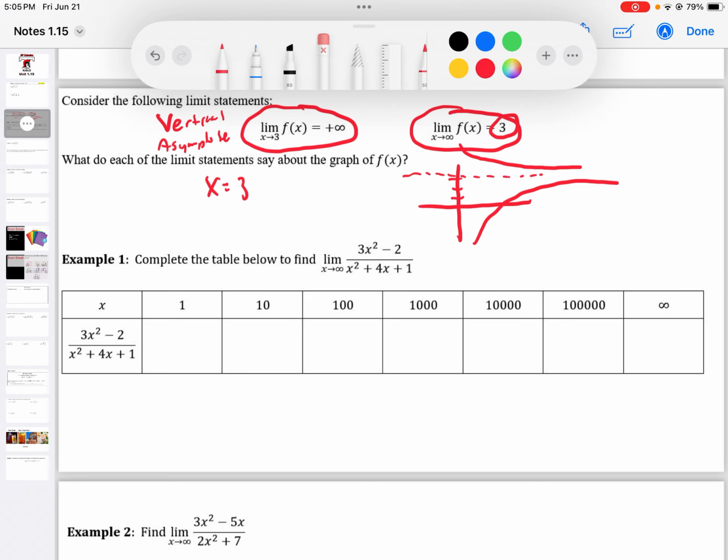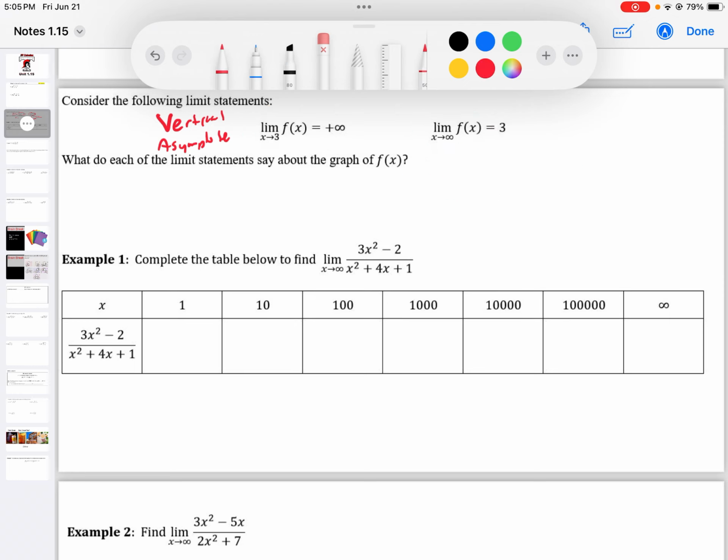But the y numbers are getting really, really close to 3. So look at that difference. If it's the limit as x is approaching a number gives you infinity, then there's a vertical asymptote. If it's the limit as x approaches infinity is a number, that means there's a horizontal asymptote.